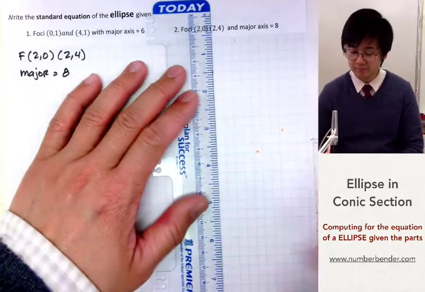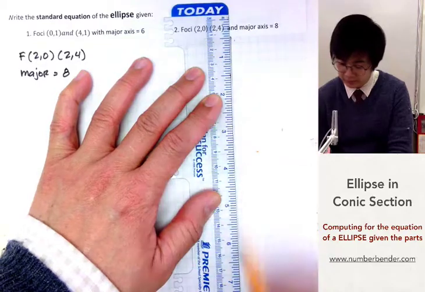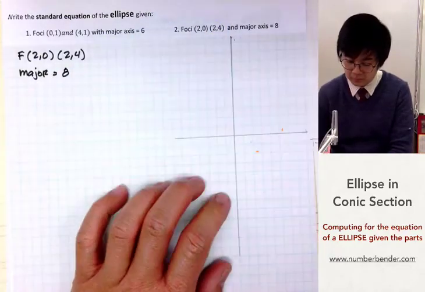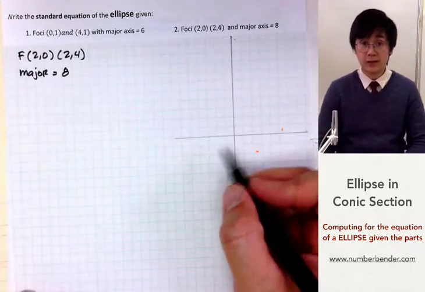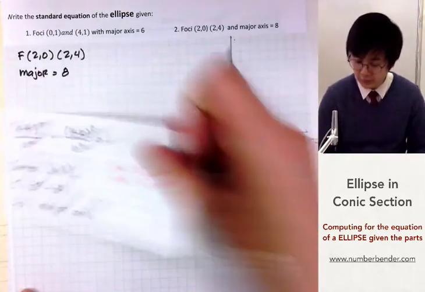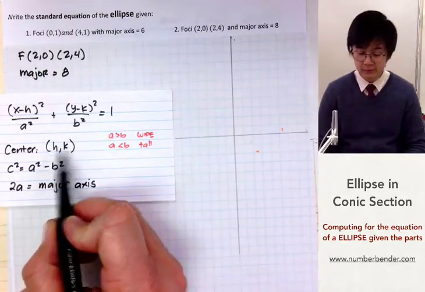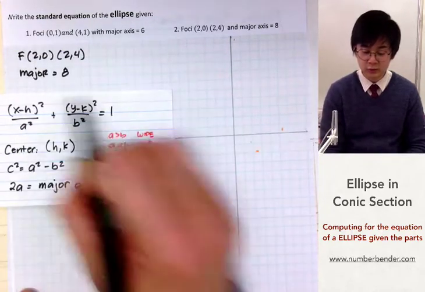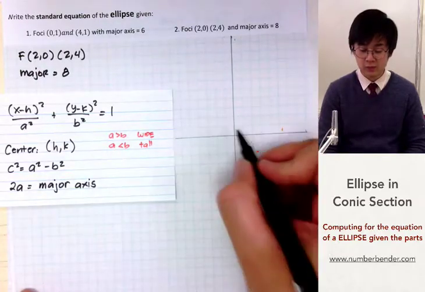And by graphing, we'll be able to produce the foci and the center of the ellipse. So once again, this is the formula that we're going to be using. We need our h and k, a and b to generate our formula for the ellipse.